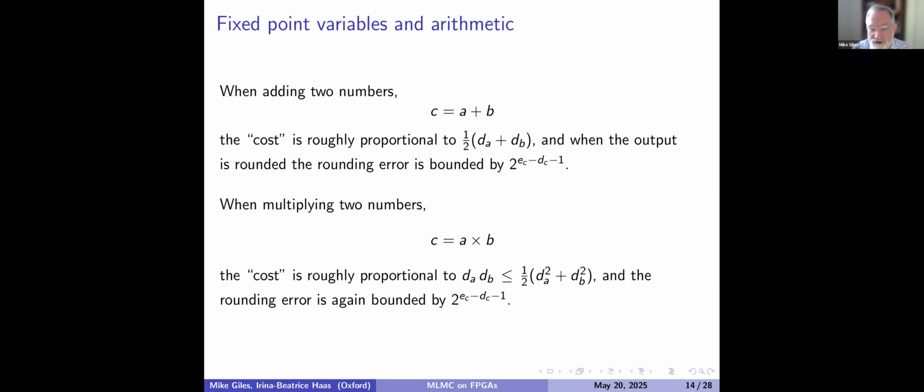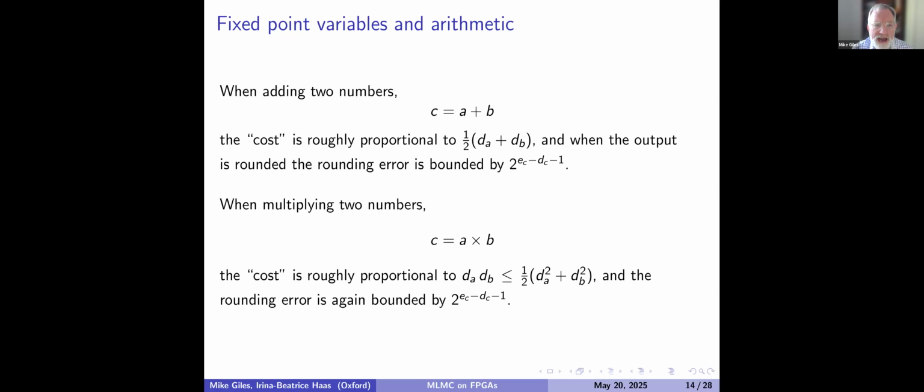If you think back to how, as a child, you did long multiplication, you can see why the cost scales as the product of the number of bits, whereas for addition, it scales like the sum of the number of bits. We're actually going to bound that product as being 1/2 of the average of the squared values.